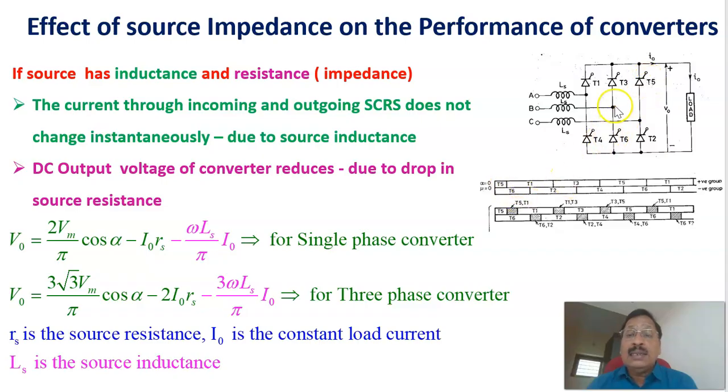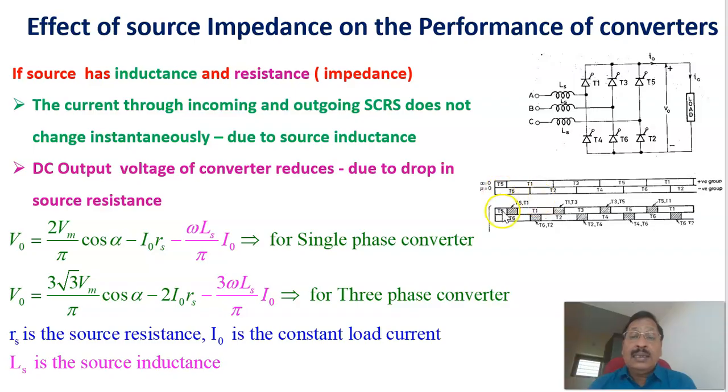At this instant, T1 is fired. Then T1 is the incoming SCR and T5 is the outgoing SCR. From the positive group, the current transfers from T5 to T1 instantaneously, and then T1 and T6 will be conducting. Like that it continues, if there is no inductance on the source side.